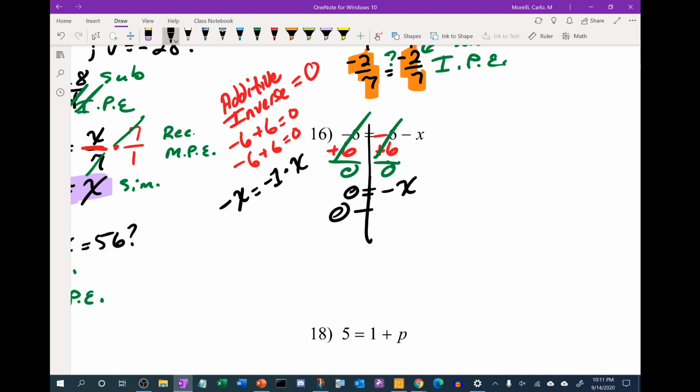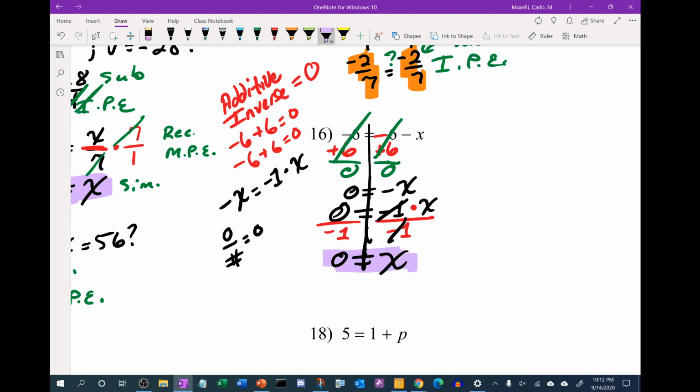So I have 0 equals negative 1 times x. Now I need to do the inverse operation and divide both sides by negative 1. Well, 0 divided by any number equals 0. So 0 divided by negative 1 is 0. These cancel, so I've just got x equals 0. So in this example, I believe that x equals 0. Remember, 0 is a number.